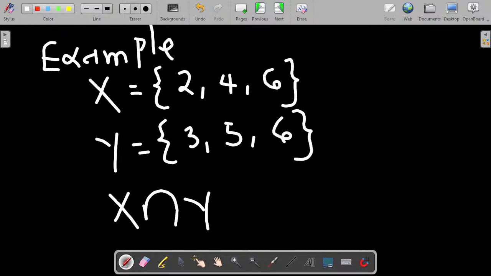Then Y is 3, 5, 6. So can you tell me what they have in common? So we can conclude that our X intersection Y is just 6. So what kind of set is this?